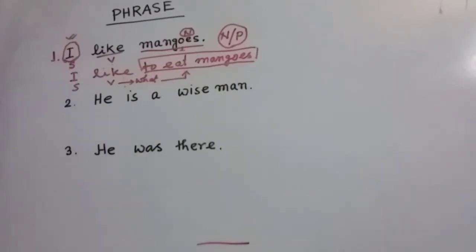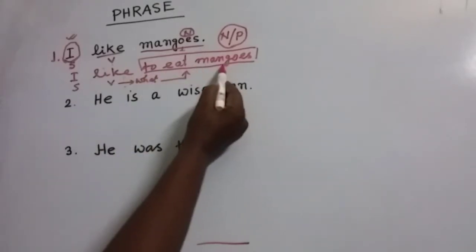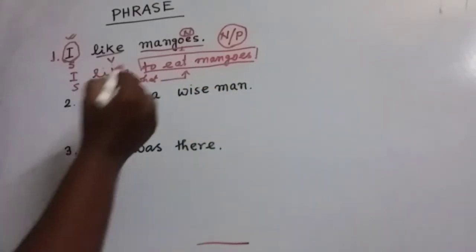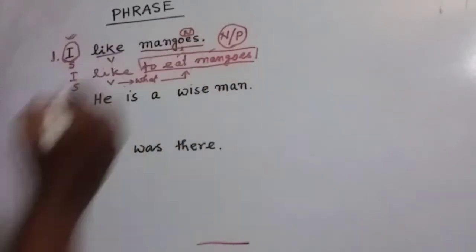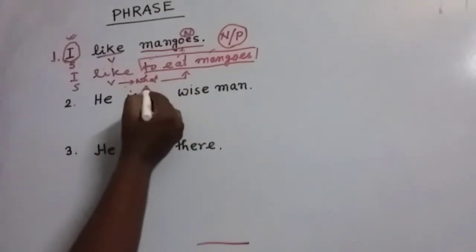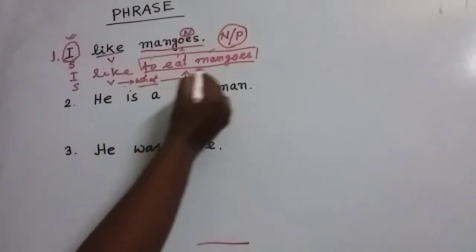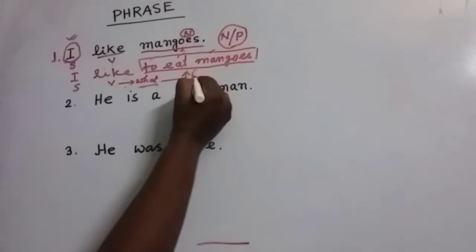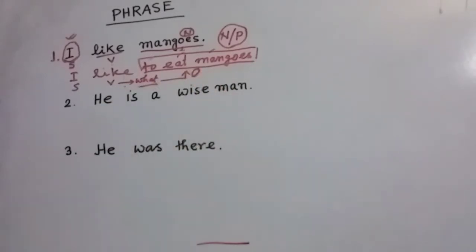My dear friends, to eat mangoes, this is a group of words. You can see there are 1, 2 and 3 words there. Now at first I told you about the object. So as we are asking by what and getting our answer, it means this is the object of this sentence.